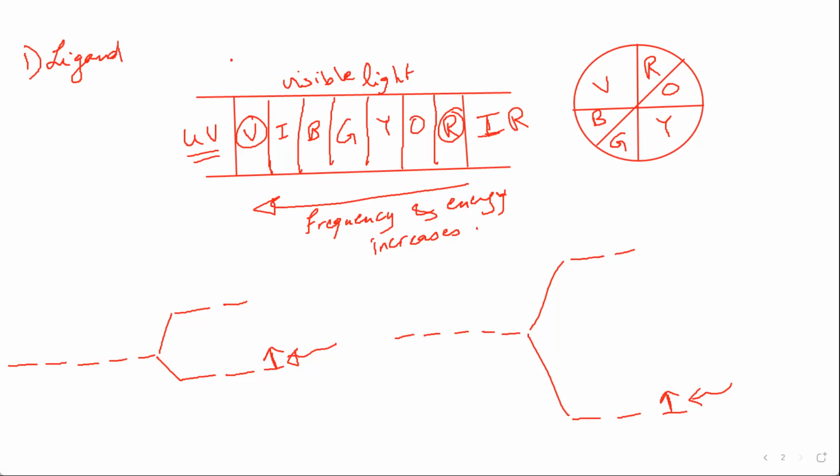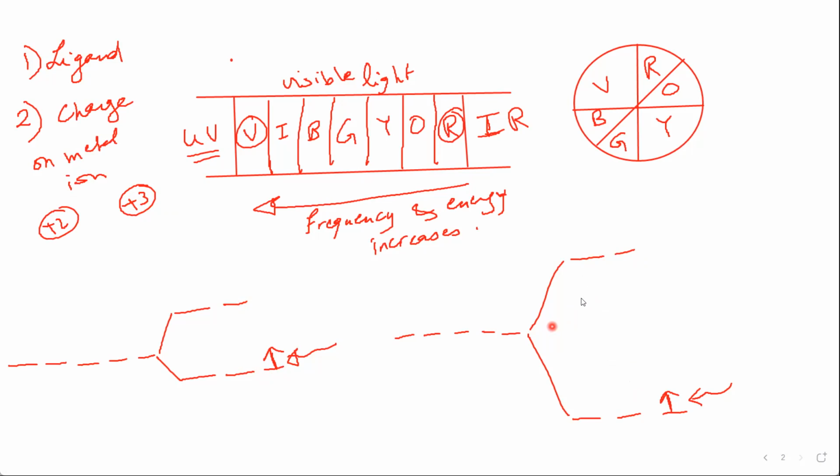And the other factor that we study is the charge on the metal ion. Sometimes if the metal ion has a +2 charge, it differs than if it has a +3 charge. Also the splitting differs. The more the charge, the bigger will be the difference.